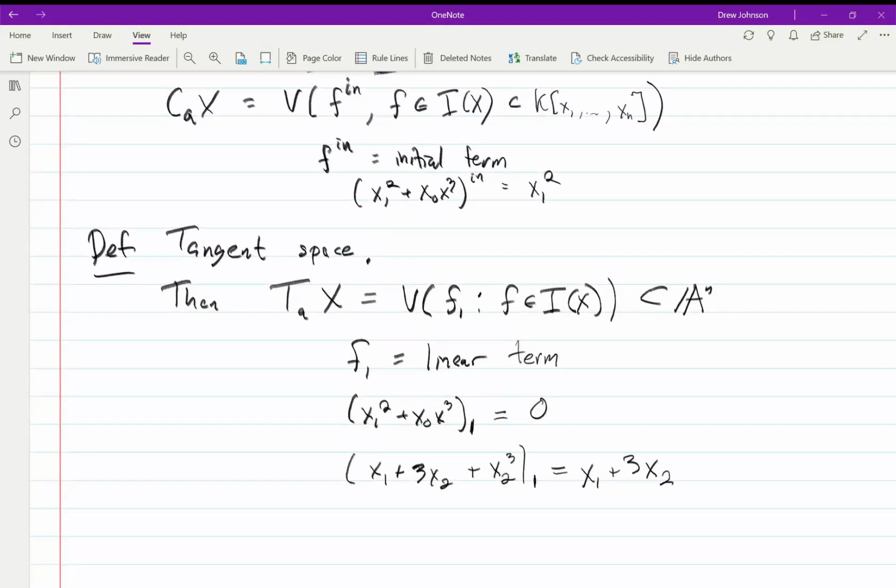All right, and you can consider the tangent space either as just an abstract variety, or as a subvariety of A^n, where A^n is the same space that X is in. And the other thing we should notice is that the tangent space is isomorphic to an affine space.